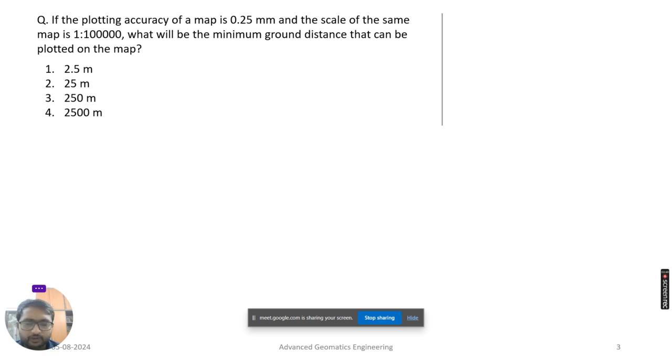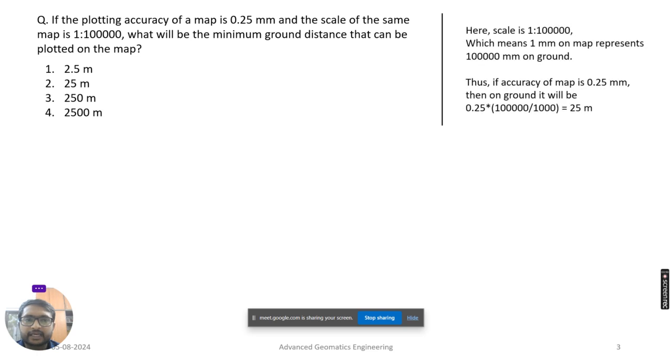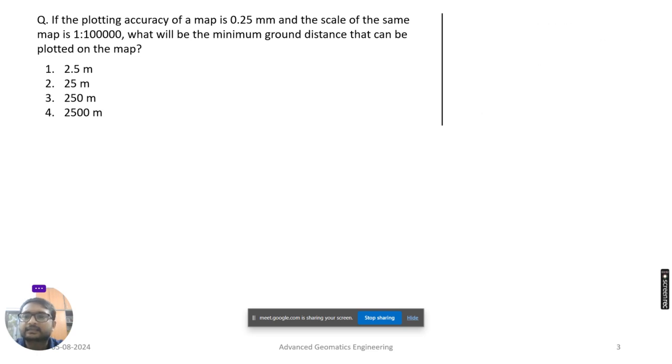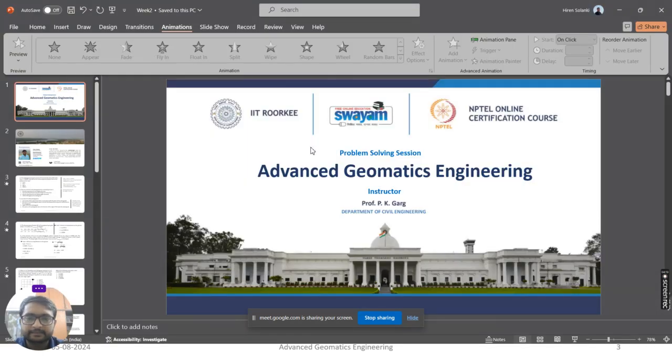Scale is the ratio of distance on map divided by distance on ground. Here we have 1 to 1,000,000, which means 1 mm or 1 unit on the map represents 100,000 units on the ground.